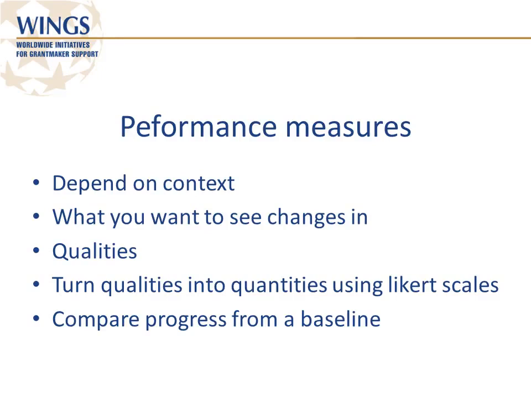What I've really spent most of my life thinking about is how do we turn qualities into quantities using Likert scales. How we can actually think about the kinds of categories that move people from one place to another. The simplest kind of Likert scale is: do you make a statement?